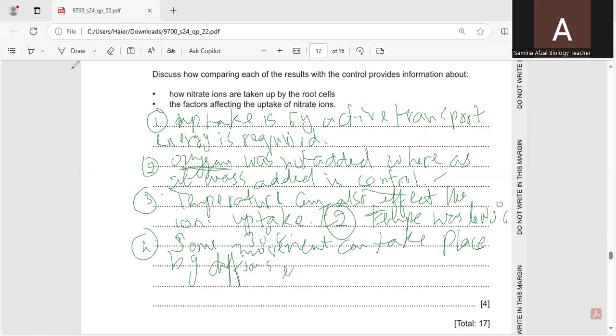So it will also affect the rate of uptake. You know, it is a slow process.